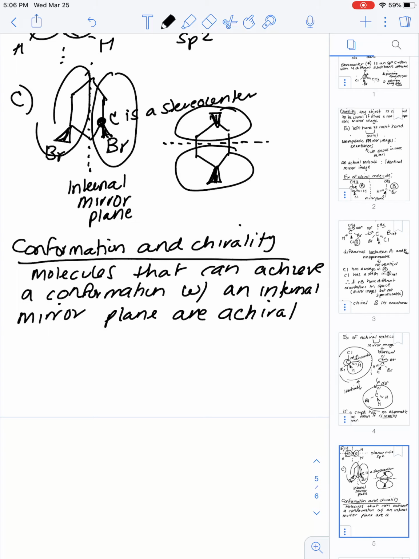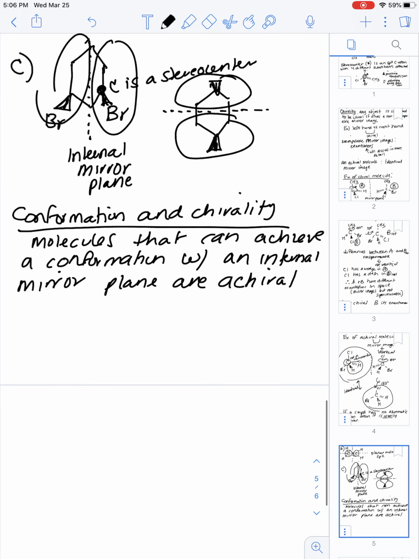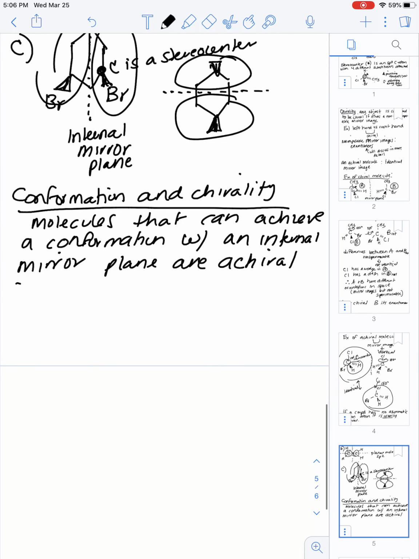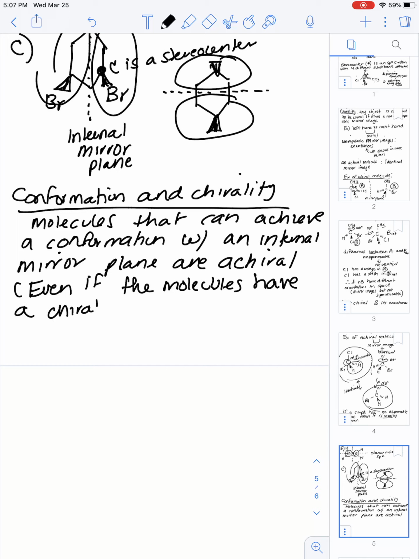Again, achiral means that their mirror images are going to be identical. This can happen even if the molecules have a chiral center or stereocenter.